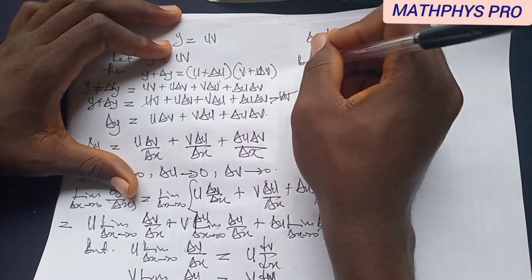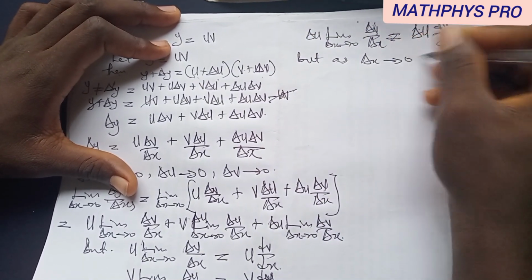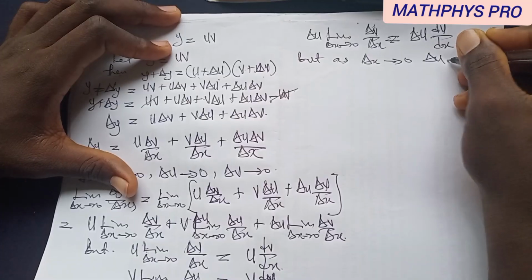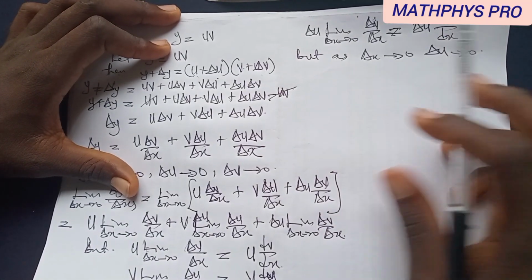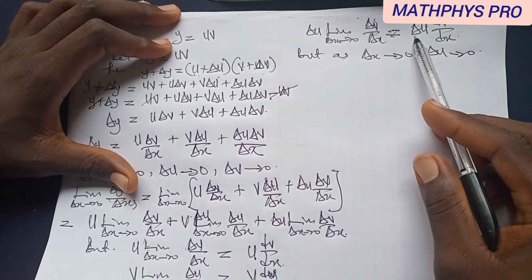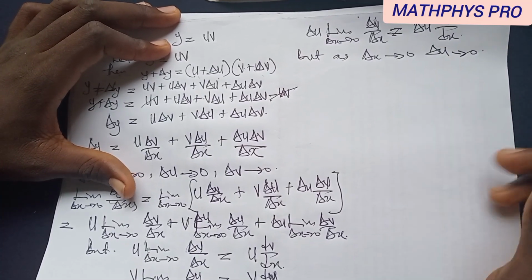Now don't forget that as change in x tends to 0, change in u also tends to 0. So if you substitute here with 0, everything here turns to 0.